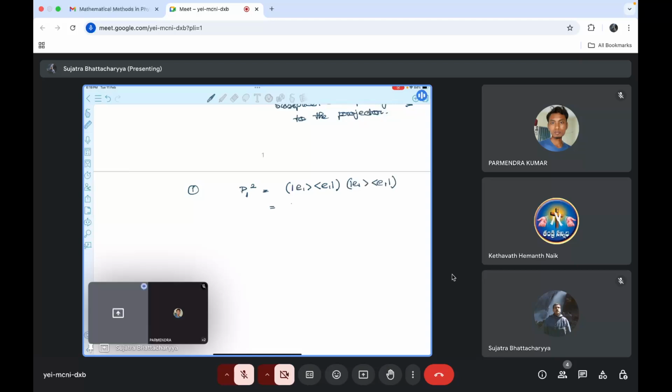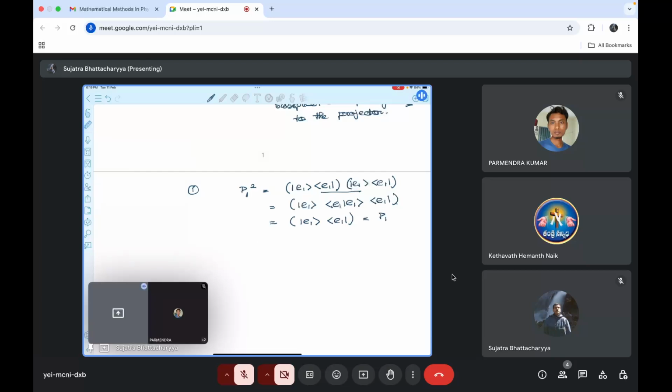So the way to solve this is that this E1 remains, these two I will fuse together, and finally this. And you know that the inner product of E1 with E1 is 1. Like i cap dot i cap is 1, j cap dot j cap is 1, like that. So this will be 1, and this remains like that. So what I am getting is nothing but P1.